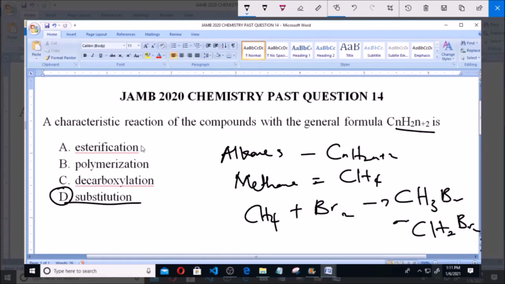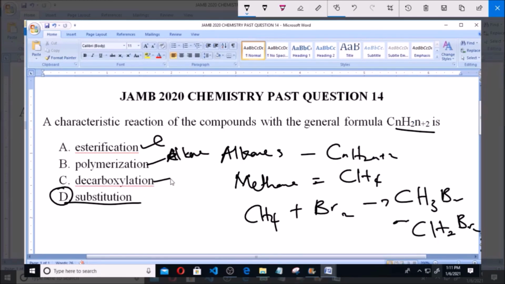Now esterification is a reaction between an organic acid and an alcohol, like ethanoic acid and ethanol, to give you ethanoate and water. That's esterification. So alkanes do not undergo esterification. Now polymerization is actually undergone by the alkenes, not alkanes.